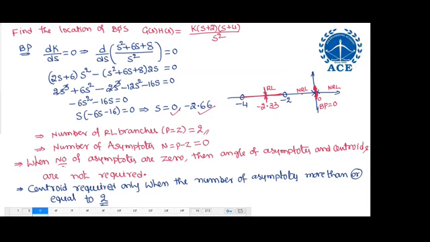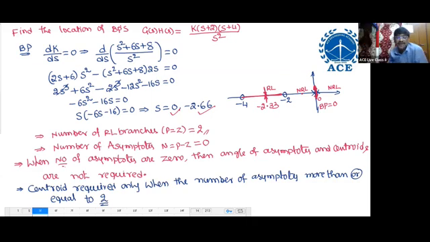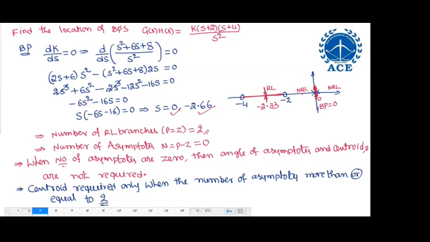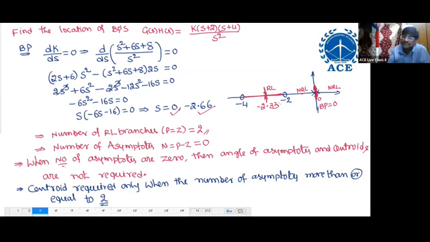I told you, simple shortcut for how to find the breakpoint, K replaced by 1. Okay. Yes sir. Sorry sir.